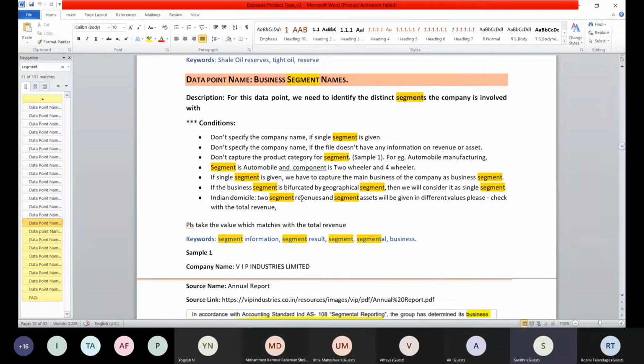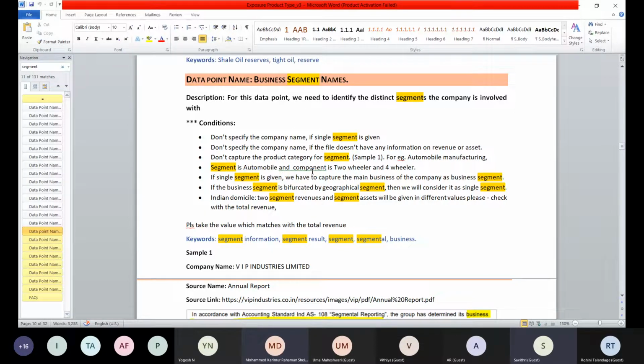And the next condition is don't capture the product category as a segment, for example automobile manufacturing. Let's assume the company Ashok Leyland. You all know Ashok Leyland.